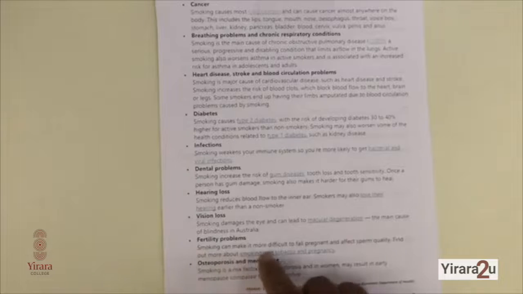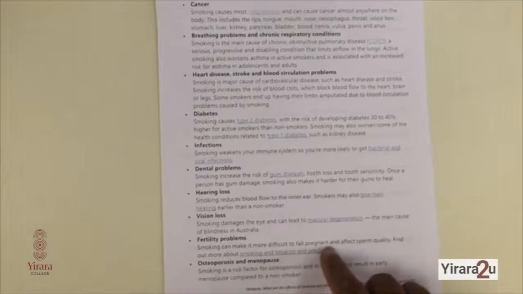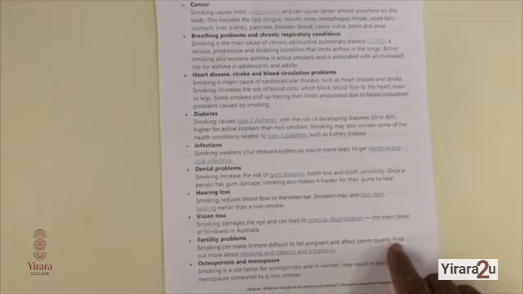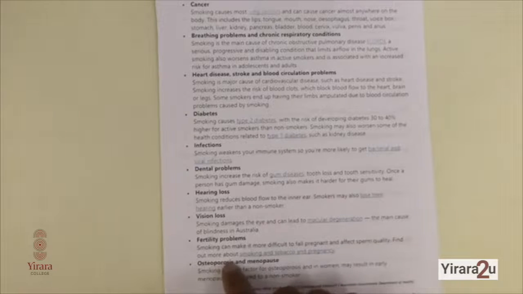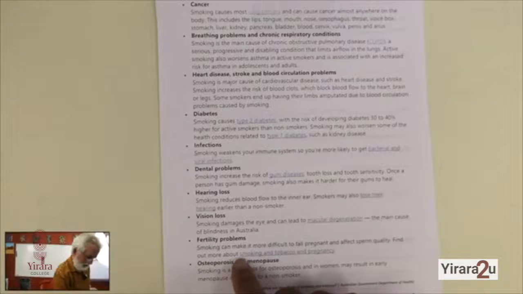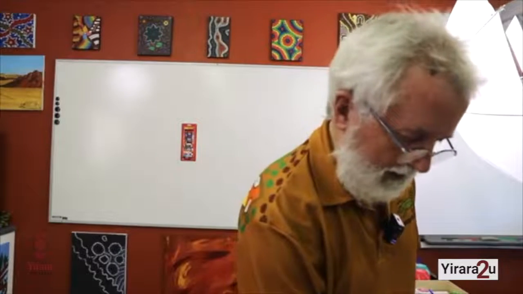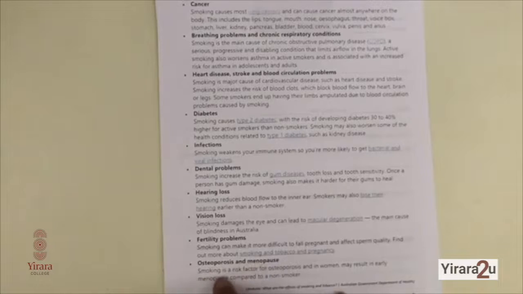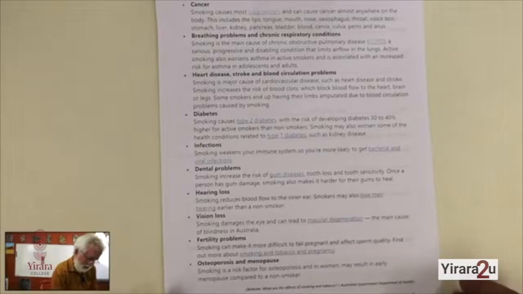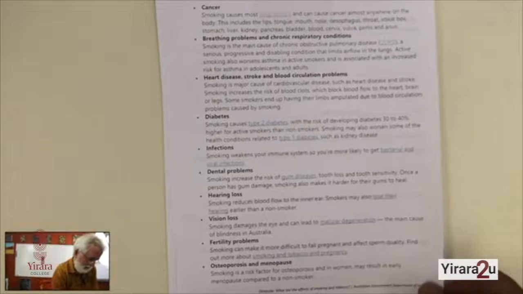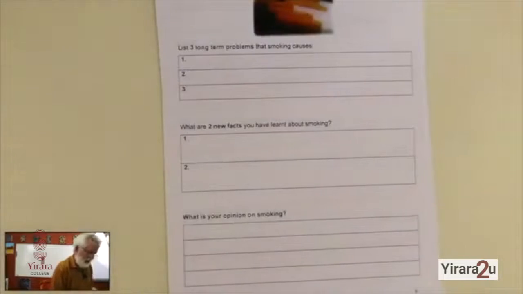So smoking can make it more difficult to fall pregnant and affect sperm quality. We can talk about that when we're in class, and find out more about smoking and tobacco and pregnancy. Again, it's a serious thing. And also osteoporosis and menopause. Smoking is a risk factor for osteoporosis, and in women may result in early menopause compared to a non-smoker. So there's lots of things here.